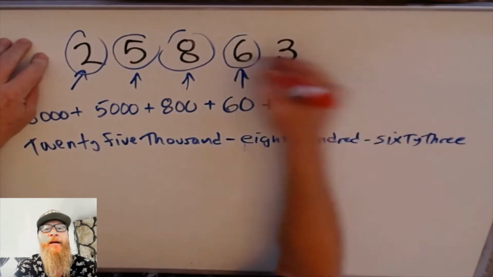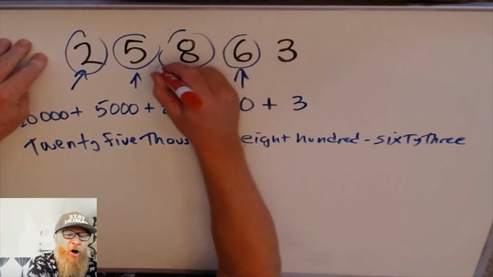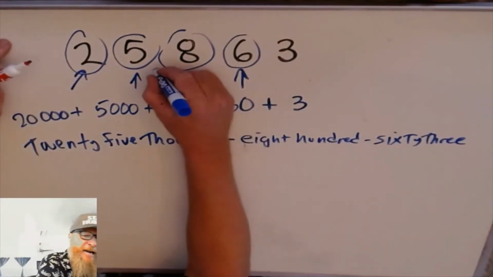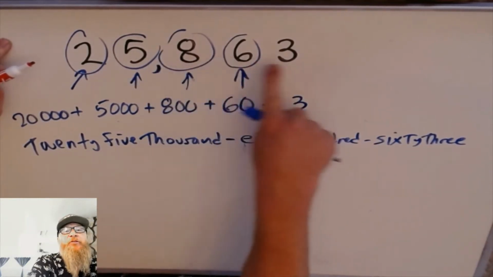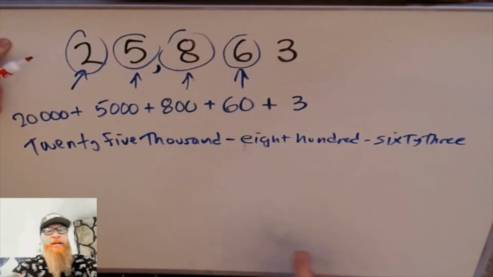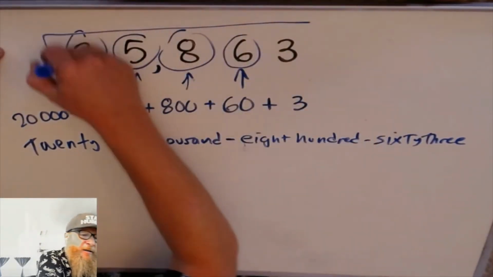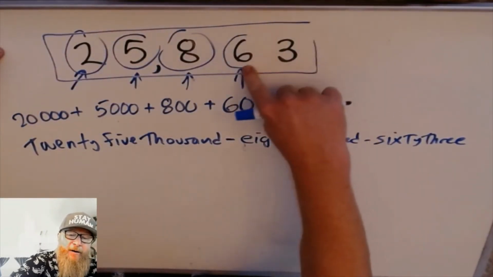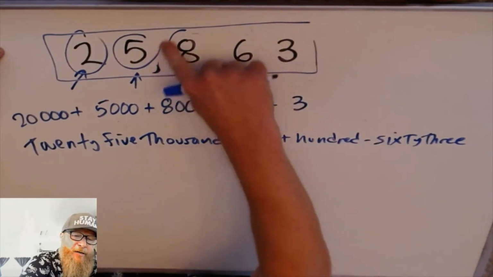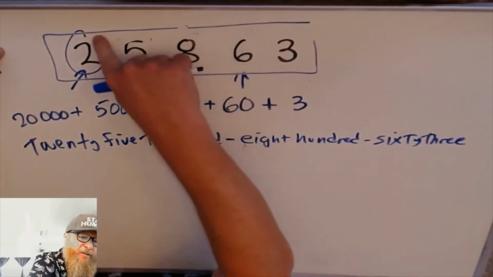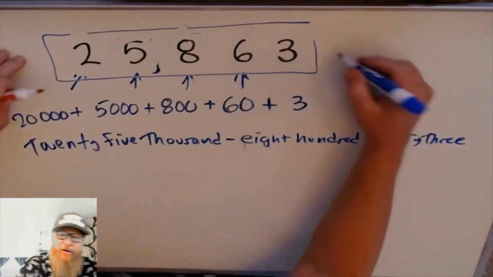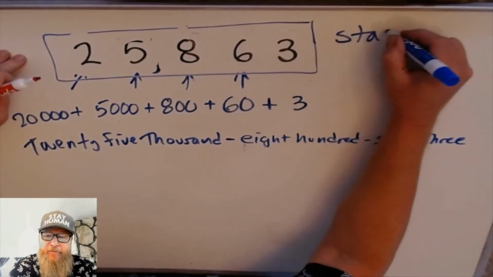We often put commas to indicate groups of 3 so that we can separate them in our eyes. So this first number that I wrote down, let me just get rid of these circles because they're in the way, is what's called the standard form.